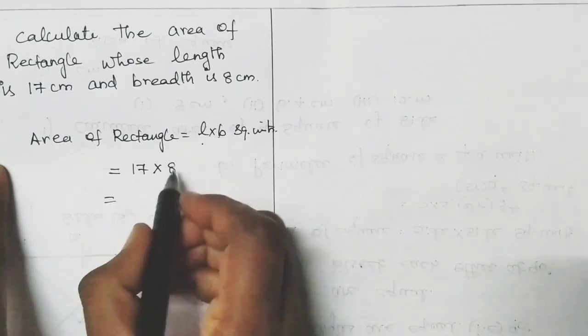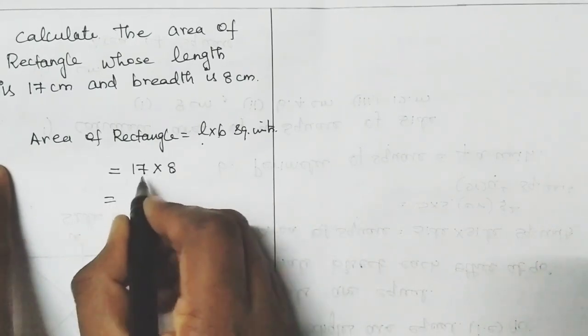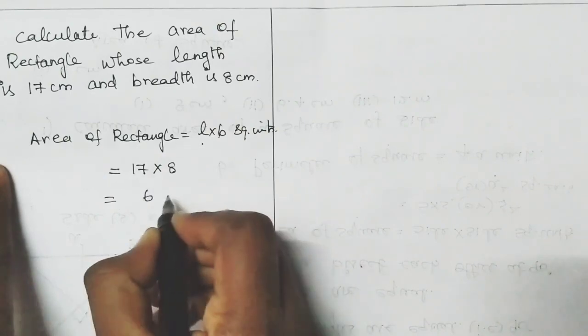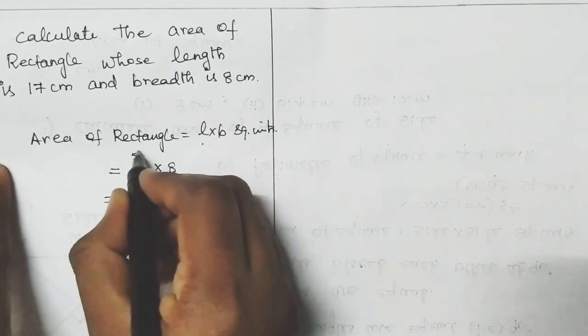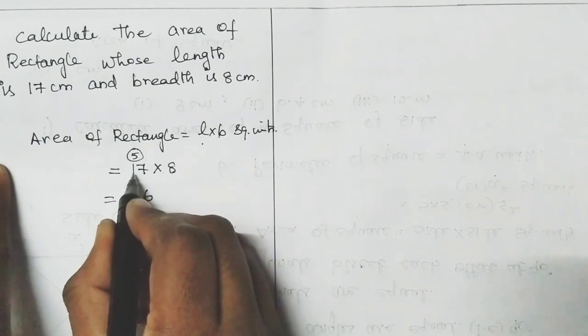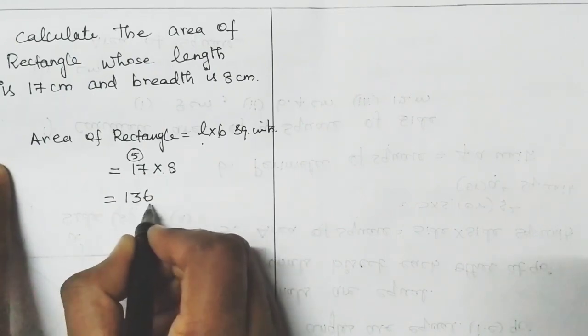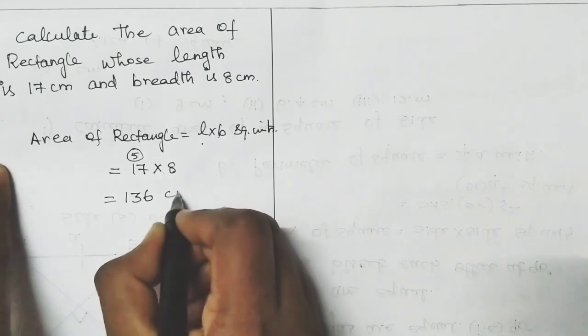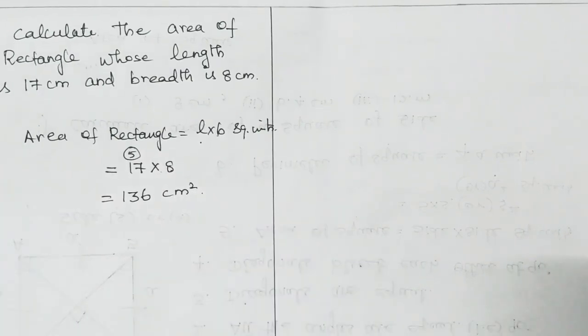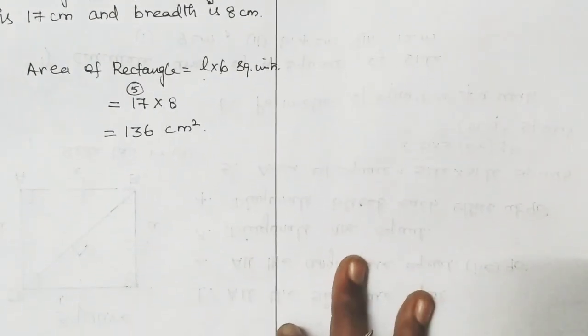Multiply: 8 7s are 56. So 6, 5 carry over. 8 1s are 8. 8 plus 5 is 13. So it is 136 centimeter squared. So we'll see one more problem.